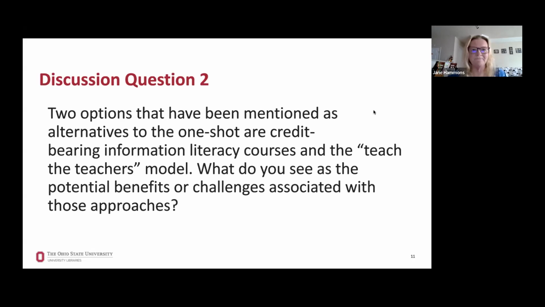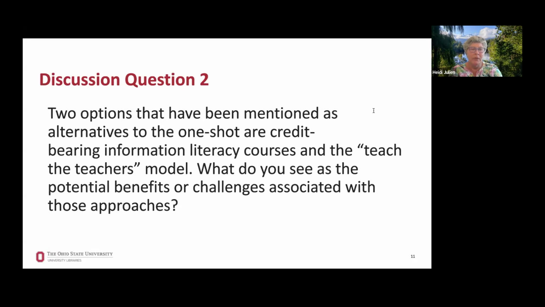Sure. I guess my main, not concern so much, but the issue that I see with the Teach the Teachers model is the unwillingness of disciplinary faculty to engage on a broad scale.